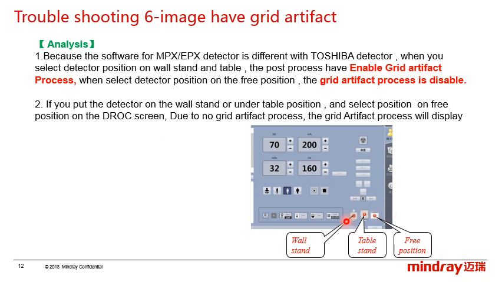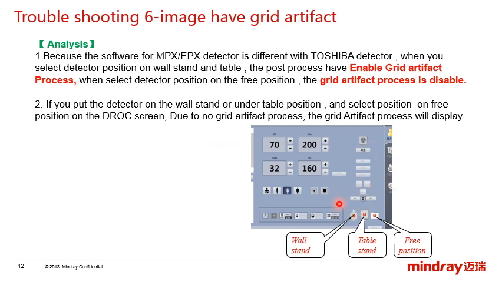When you select the detector position on workstand or table stand, the post process has enabled the grid artifact process, and if you select the detector position in the free position, the grid artifact process is disabled.